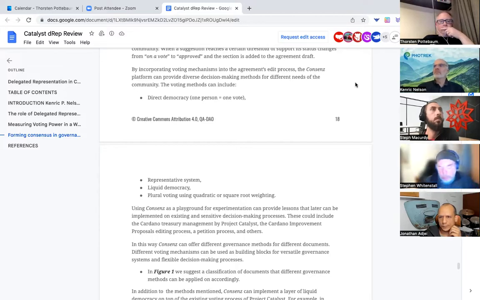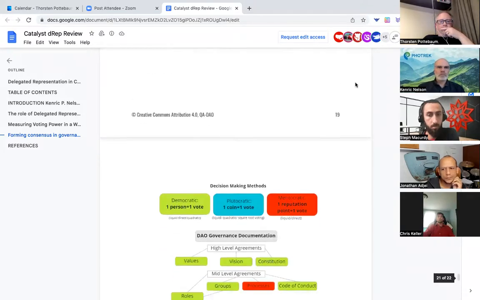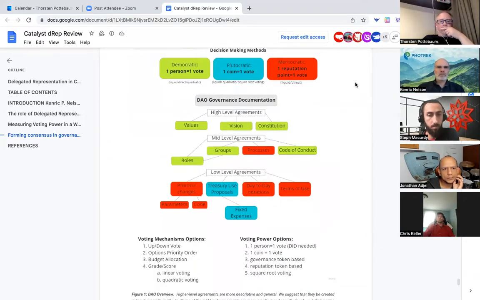So, Kenrick, if you can scroll down a little bit more, we created this figure to show a framework, a proposal, of how we can use different voting systems for different needs of the community. We divided this documentation governance into 3 levels: high level, mid level, and low level.